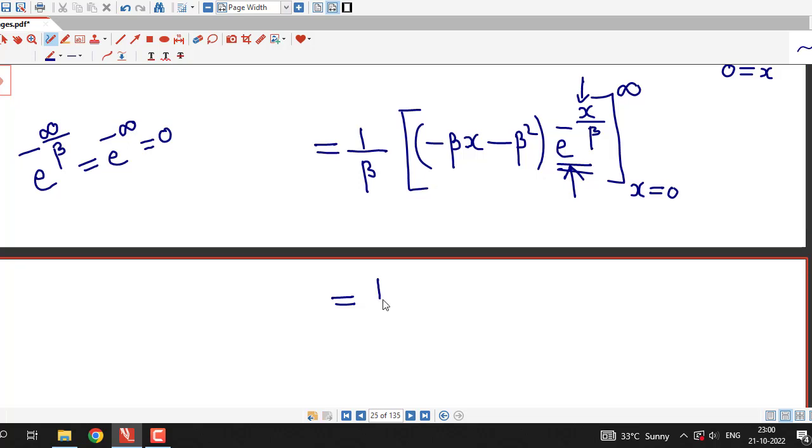So for the upper limit we obtain 0, minus for the lower limit, if we take x equal to 0, then here we have 0 minus beta square, and e raised to 0 is 1.